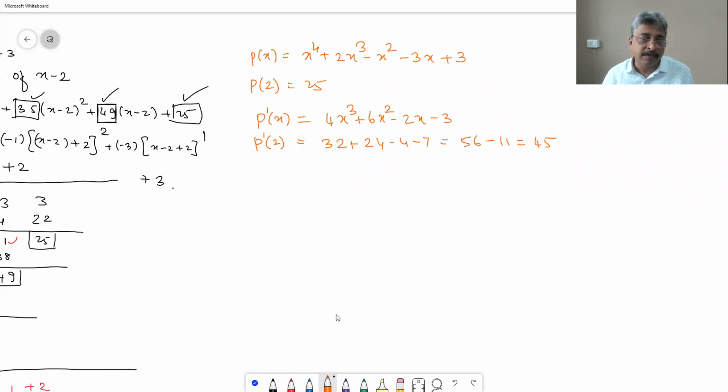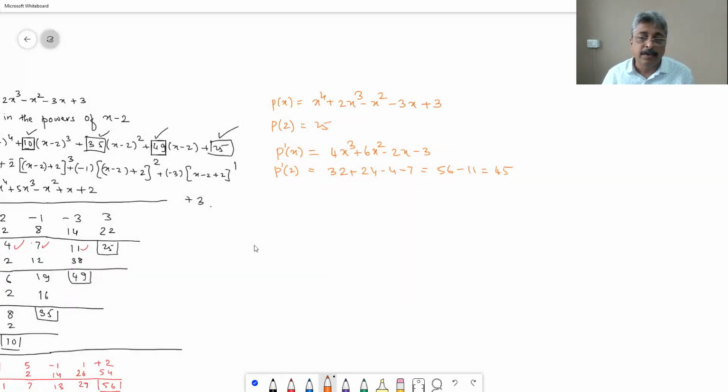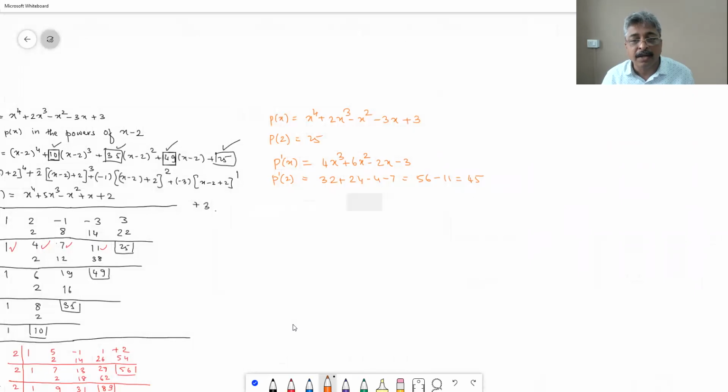What was our second coefficient? It is minus 3. 4 minus 4 minus 3. Where did I write 7 from? Minus 3. So 7 I am supposed to subtract. That makes it 40.